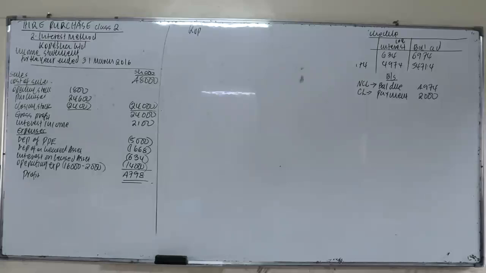How much was the hire purchase selling price? Confirm from what you had copied in the solution. We had written it here. How much was the hire purchase selling price? 46. Good. That is not in the question, you copied it. We sold 1,200 units, each at how much?